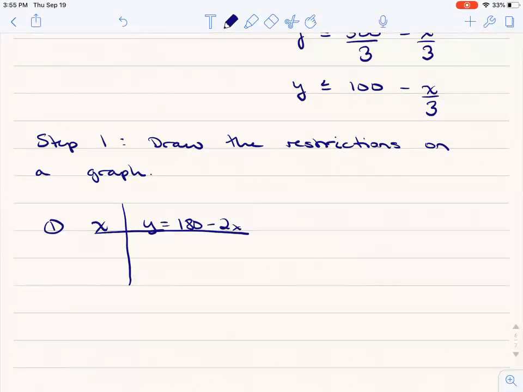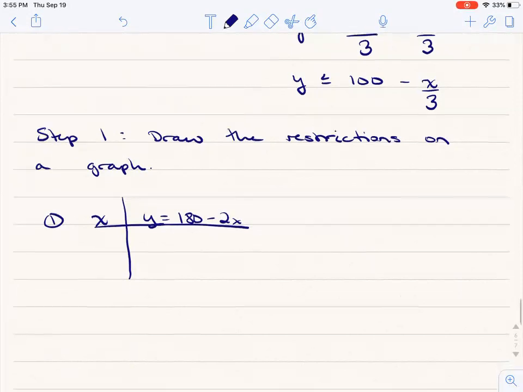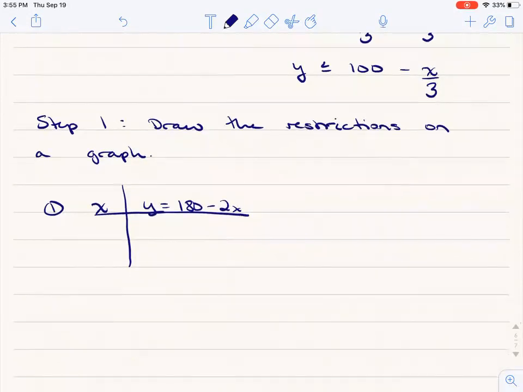The restriction is that it has to be less than that, but the actual line is at y equals. So I'm going to pick convenient values of x. x equals 0 is always a nice option, so I'm going to start at x equals 0. And I find that 180 minus 2 times 0 is 180.